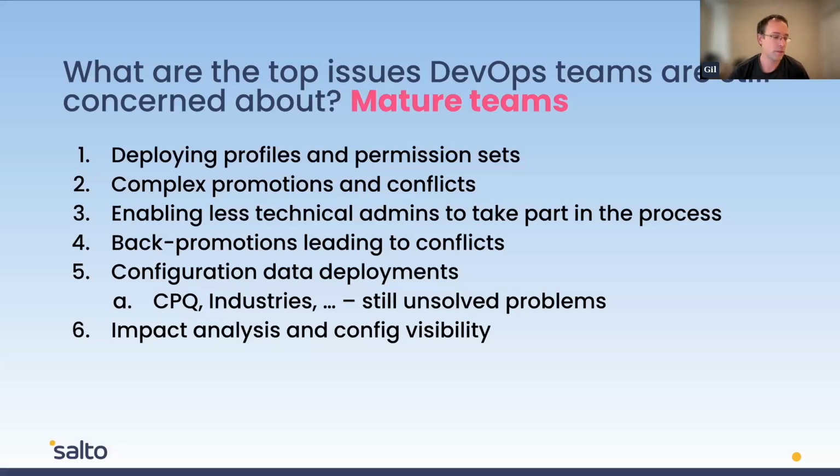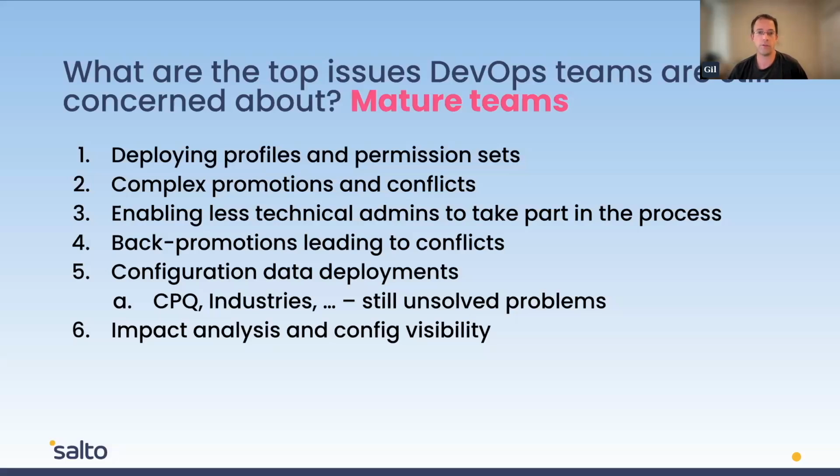Another very common challenge is around complex promotions that lead to conflicts. A very common scenario here is, for example, you have a team of multiple developers working in parallel on different features, so they're utilizing different feature branches. Somehow, in many cases because of technical debt or poor technical design and architecture, multiple of those changes are actually touching the same Apex class.